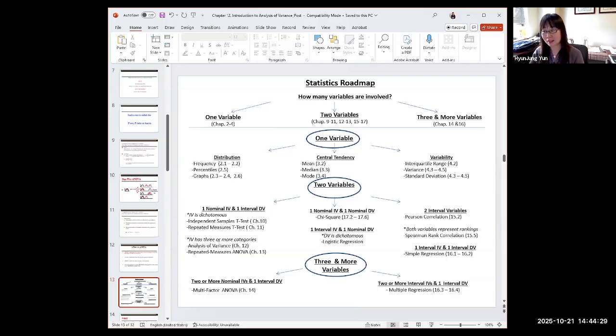Then we still have one nominal independent variable and one interval dependent variable, and we quantify the information about each group and compare. But condition-wise, we have three or more categories and groups to compare. So that will be this week.